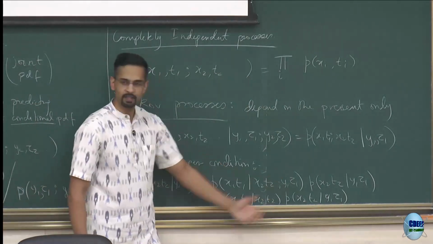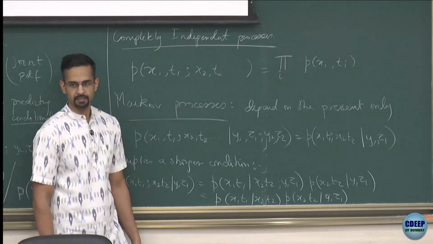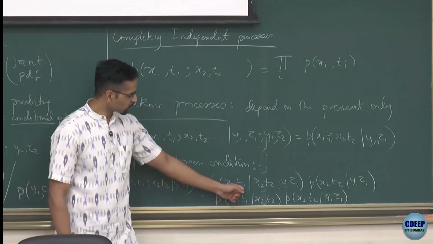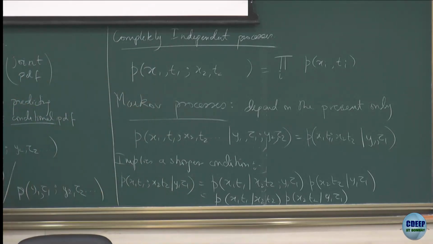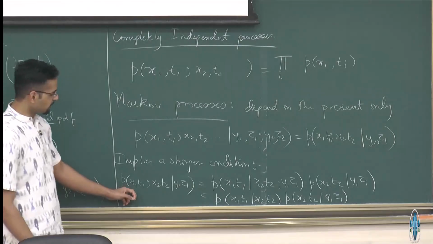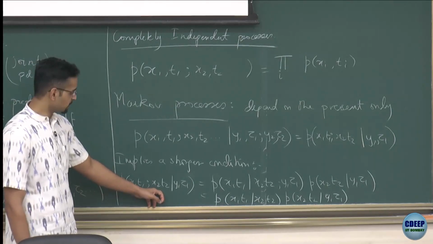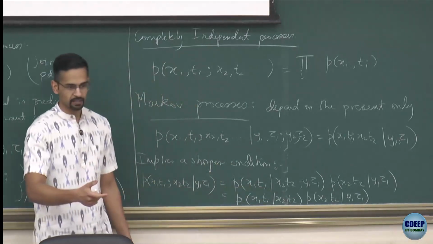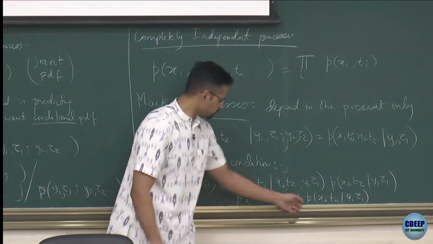Given x2 t2 and y1 tau 1. Correct, exactly, yeah. And now I can use the Markov definition to forget the y1 tau 1, which has gone further in the past. Okay. And so finally what I am saying is that the probability of the future trajectory going to x2 and x1 is the product of the individual transitions, from y1 tau 1 to x2, and then from x2 to x1.